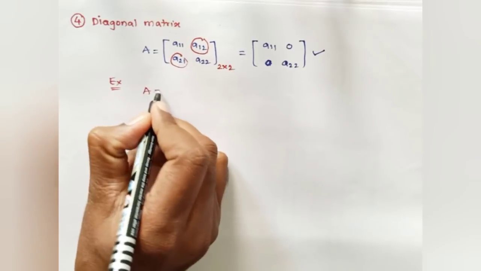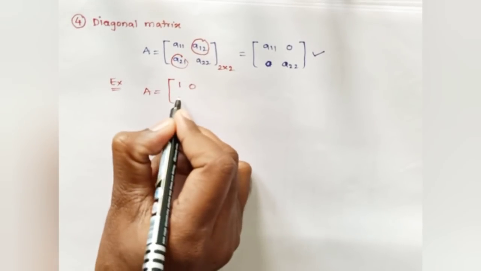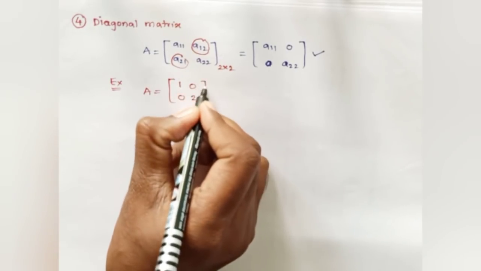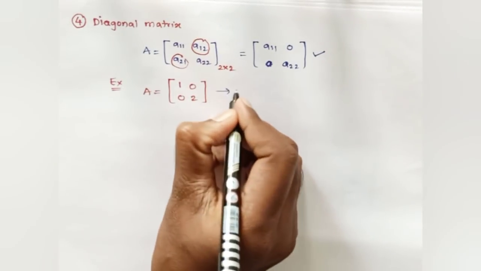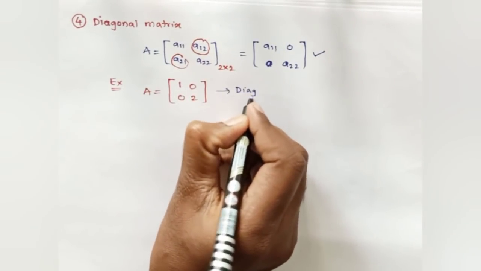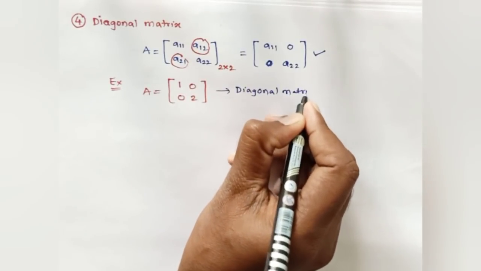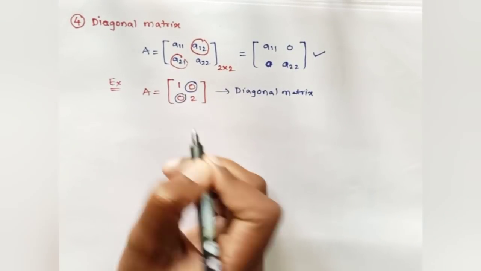Now consider, say, A is equal to 1, 0, 0 and 2. So this is a diagonal matrix, since the non-diagonal elements are 0.